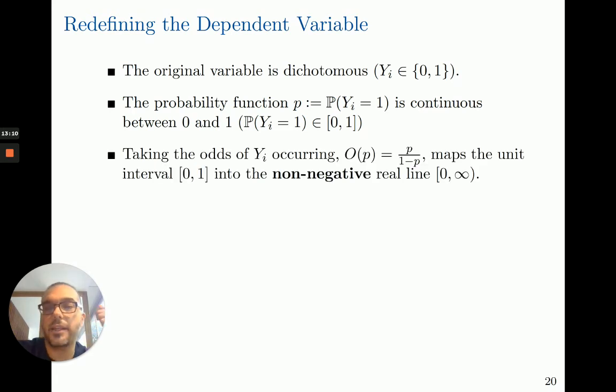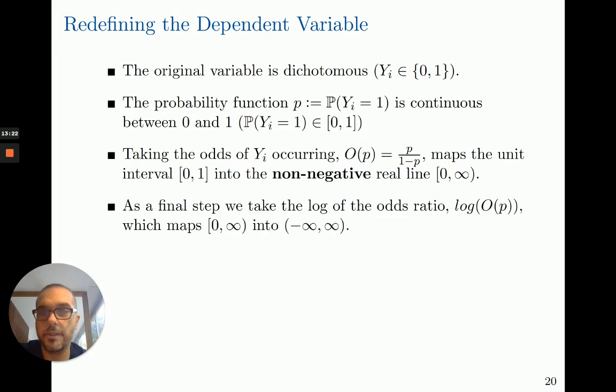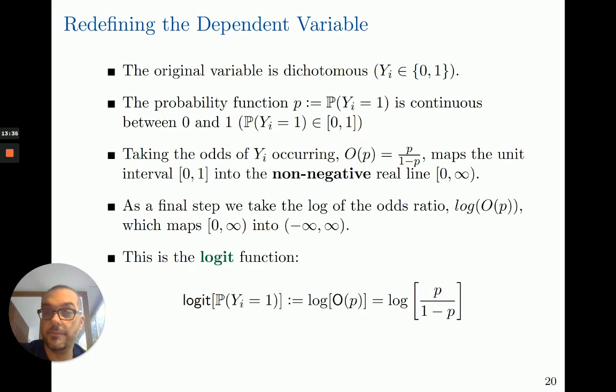Taking the odds of y occurring is P divided by 1 minus P. So we map the unit interval into the non-negative real line, 0 to infinity. As a final step, we take the log of the odds ratio, which maps 0 to infinity into minus infinity to infinity. So this is the logit function, the log of the odds ratio: the log of P divided by 1 minus P.